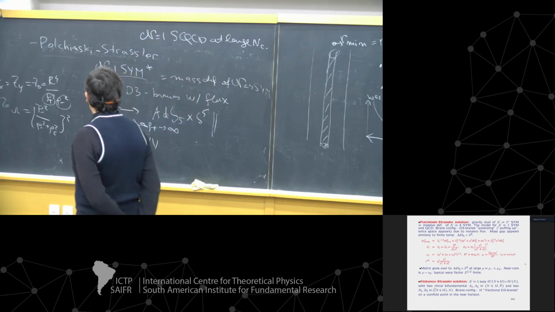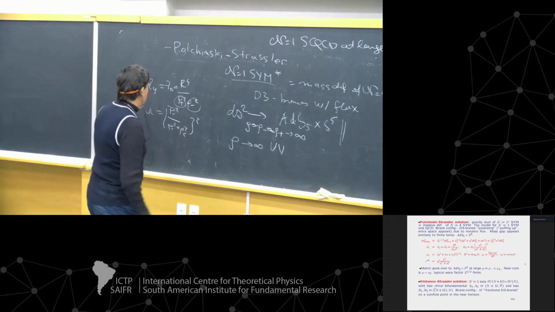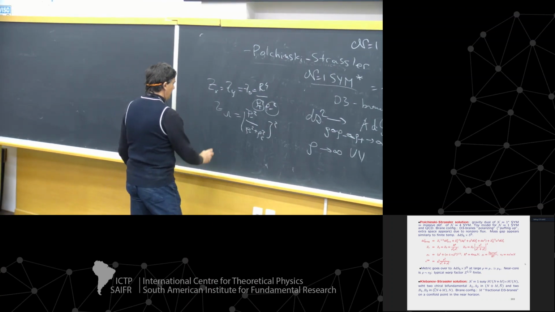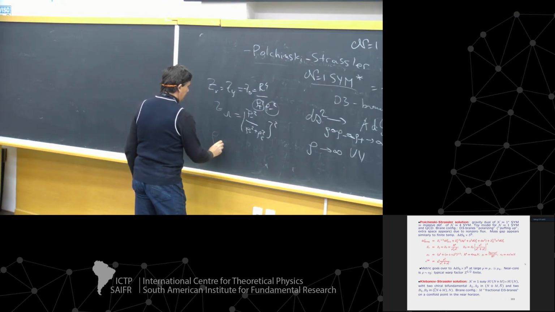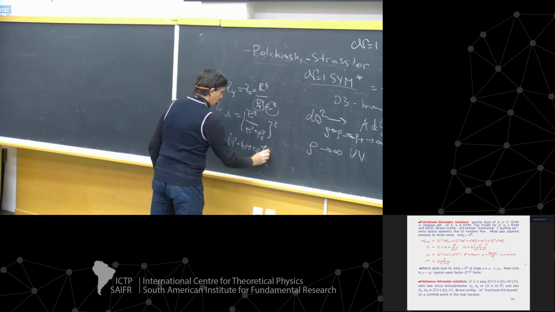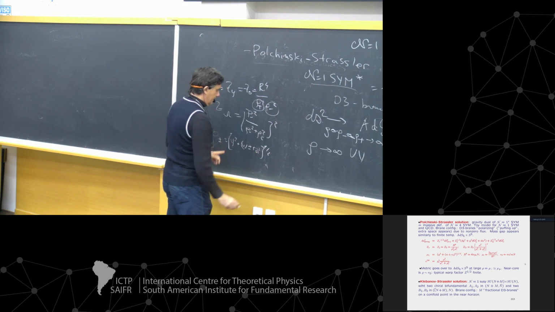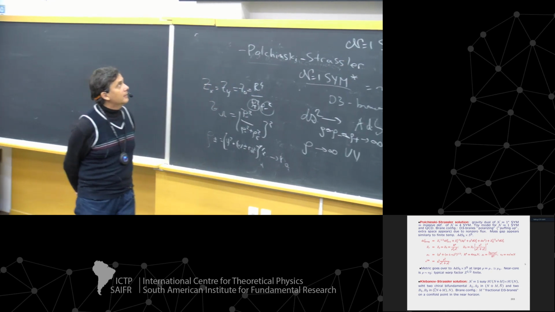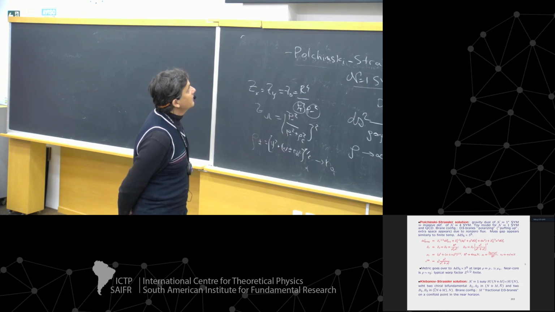And on the other hand, because of these formulas and the fact that rho plus minus, so y squared plus w plus minus r0 squared to 1/2, this becomes equal to rho 0 in the infrared.